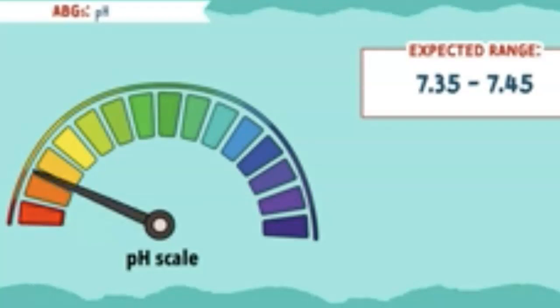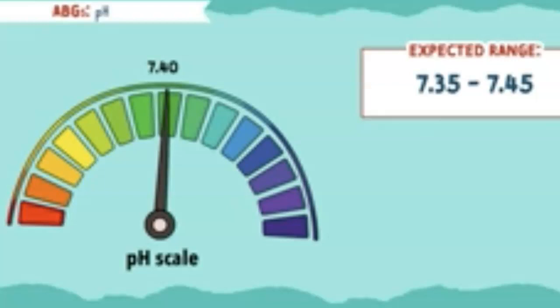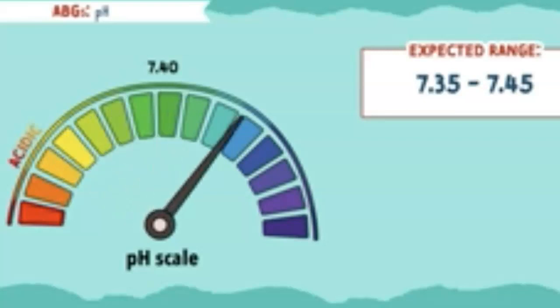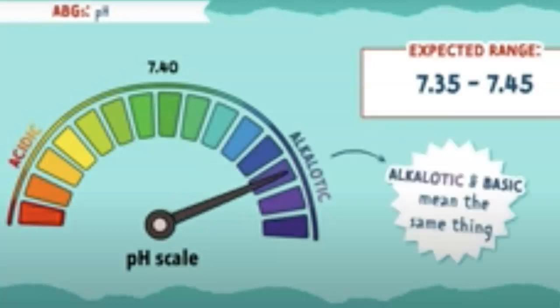The middle of that is 7.40, which is considered the absolute normal. Anything less than 7.40 is becoming acidic, and anything greater than 7.40 is becoming more alkalotic or basic. Note that alkalotic and basic are used interchangeably. They mean the same thing.